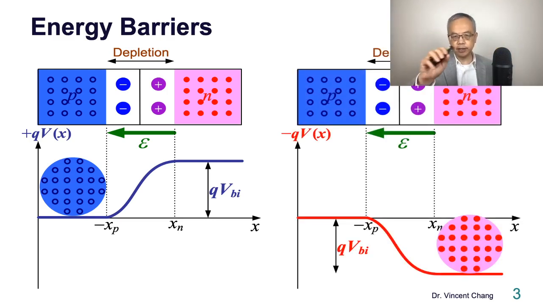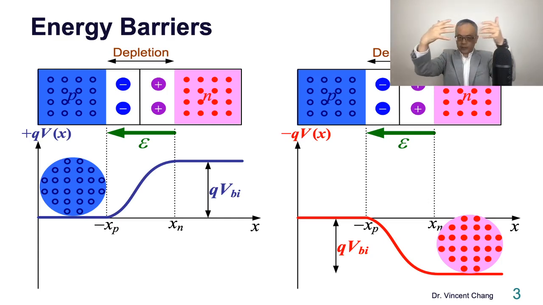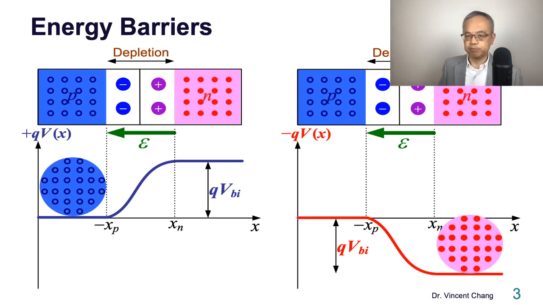In the same way, on your right-hand side, you see a lot of electrons, and looking leftward, they see the same kind of energy barrier. So both majority carriers facing the interface see an energy barrier, so they got blocked. So this is the thermal equilibrium condition.